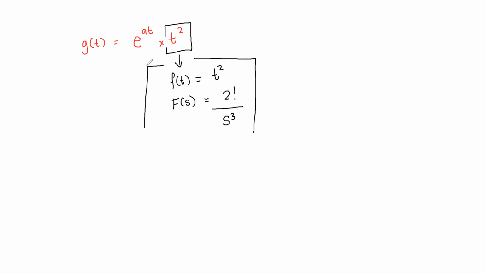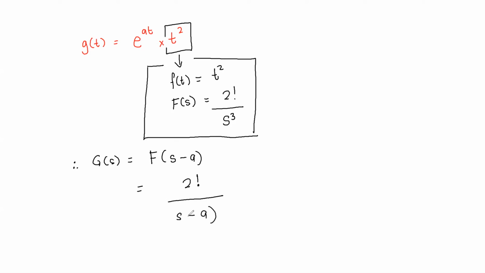In this case, your G(s) will then be a function of s shifted by s minus a. So here you will get an answer of 2 factorial over (s minus a) to the power of 3.